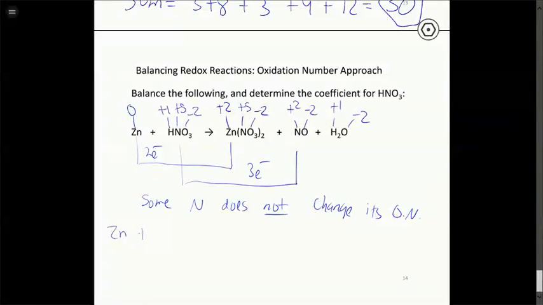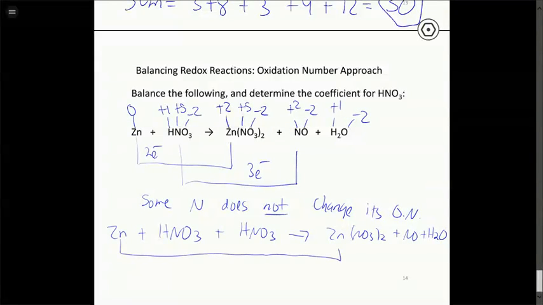So we have zinc, we have HNO3, we have another HNO3, and that forms zinc nitrate plus NO plus H2O. And then, as I said, we have zinc going from 0 to +2, that's 2 electrons. This nitrogen is going from +5 to +2, so that's 3 electrons.